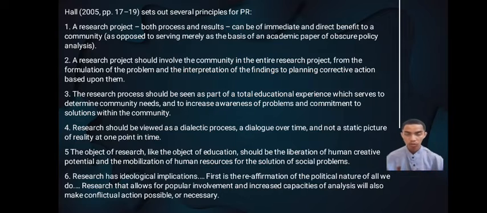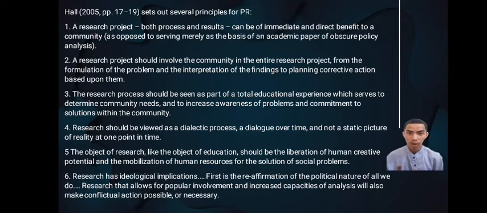And number three is the research process should be seen as part of a total educational experience which serves to determine community needs and to increase awareness of problems and commitment to solutions within the community. And the fourth is research should be viewed as a dialectic process, a dialogue over time and not a static picture of a reality at one point in time.